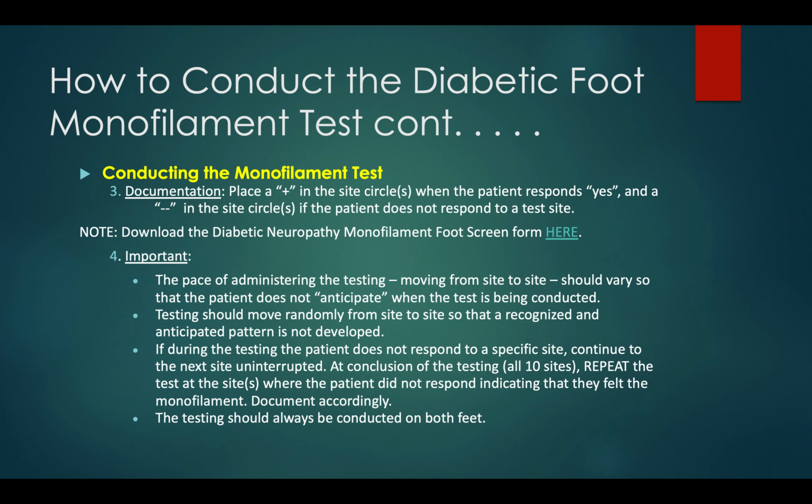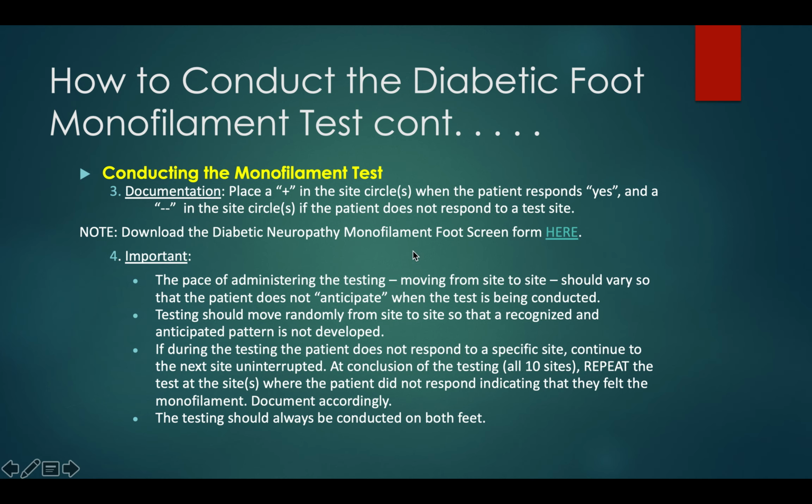If there was a site where they could not feel the monofilament strand, then you would mark a negative in that site. In fact, we put together a diabetic neuropathy monofilament foot screen form that you can access right there.